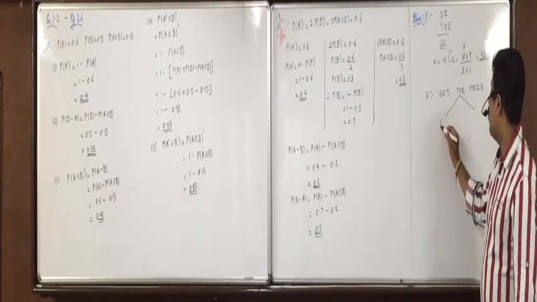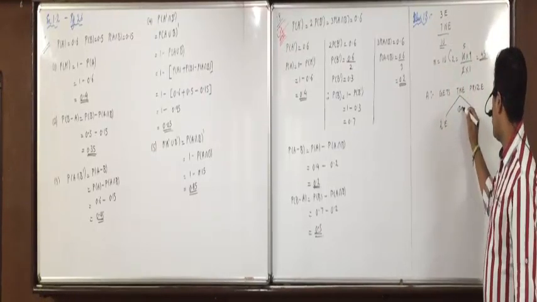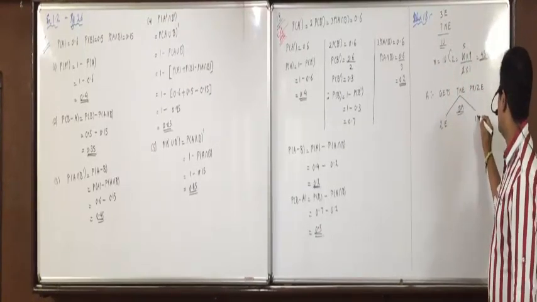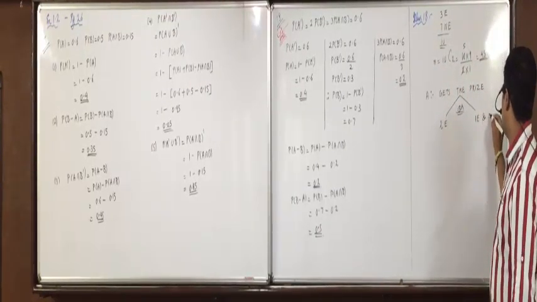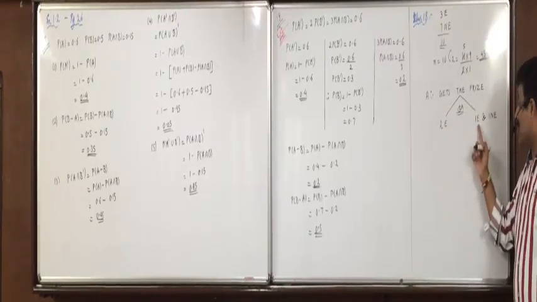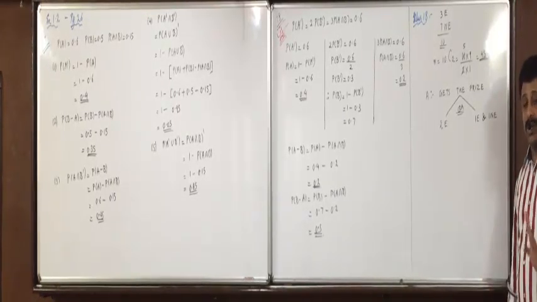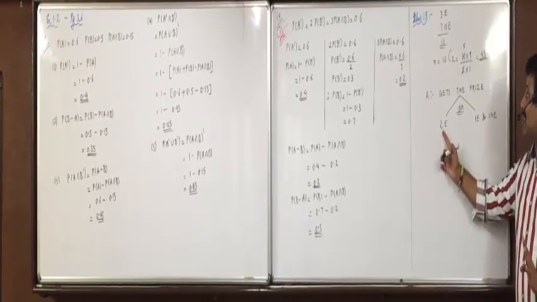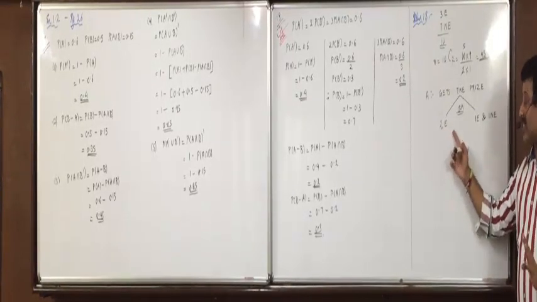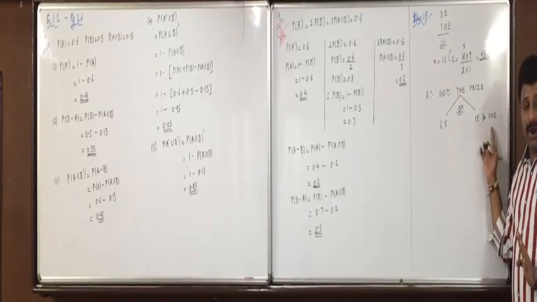Either he selects both the chits which are eligible for prize, or he selects one chit which is eligible for prize and one chit which is not eligible for prize. Then also he wins the prize or not? Yes. So Katan wins the prize in two situations: either both chits eligible for prize, or one chit eligible and one chit not eligible for prize.